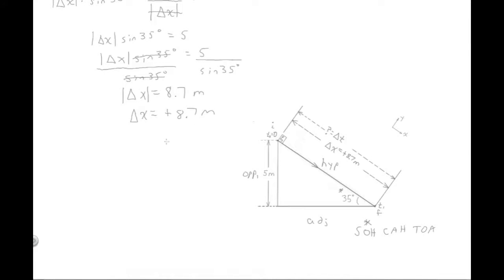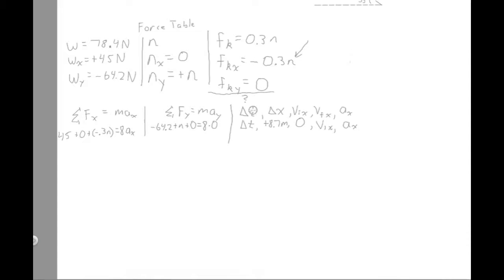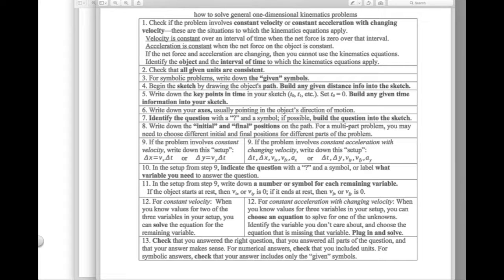All right, now since the question is asking us for a kinematics variable, it might be natural to start our work with the kinematics framework. But remember that in order to use a kinematics equation productively, we need to know values for 3 of the kinematics variables.